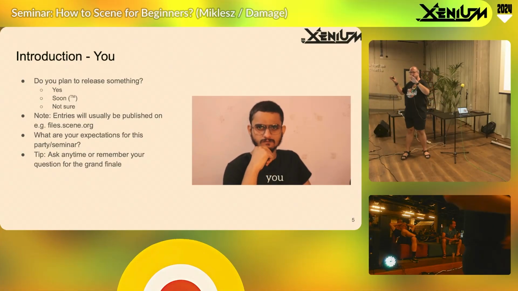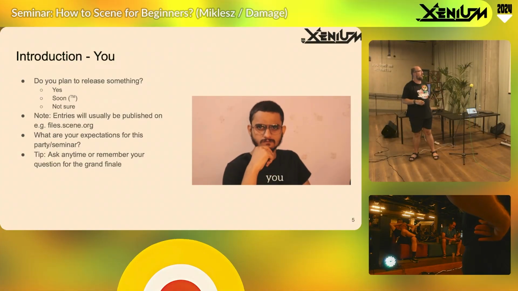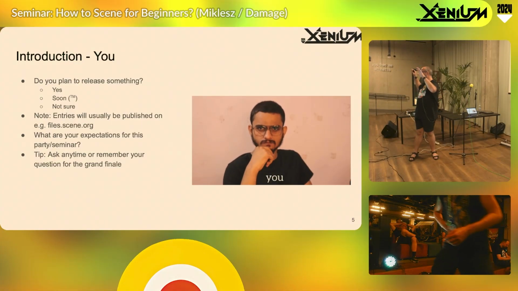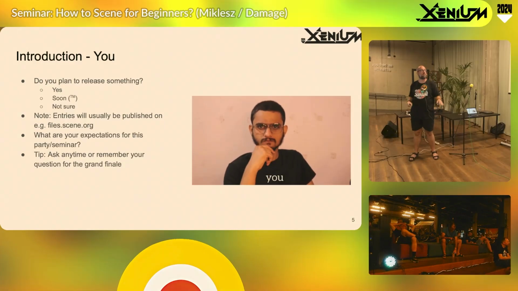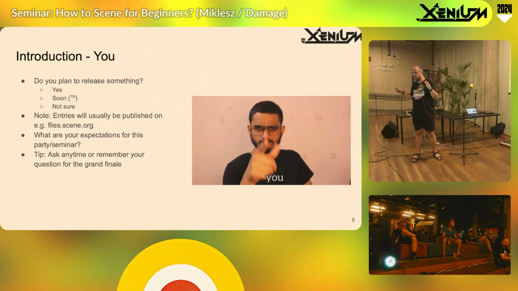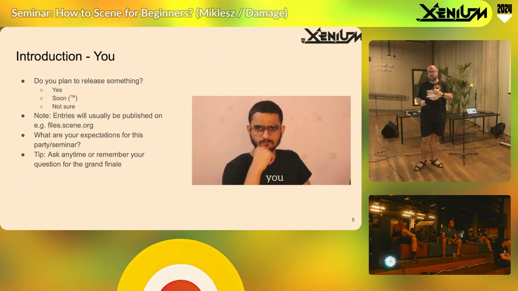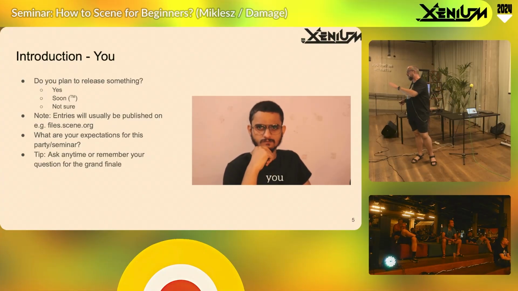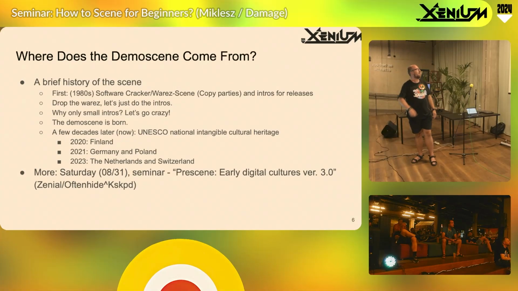So whatever you release here is going to be published at files.scene.org. So if you are going to release something, you will be public. That's really great. I hope that you know more or less what your expectations are going to be. And whenever you want to ask me something, you can just ask either right now or at the end. Okay.